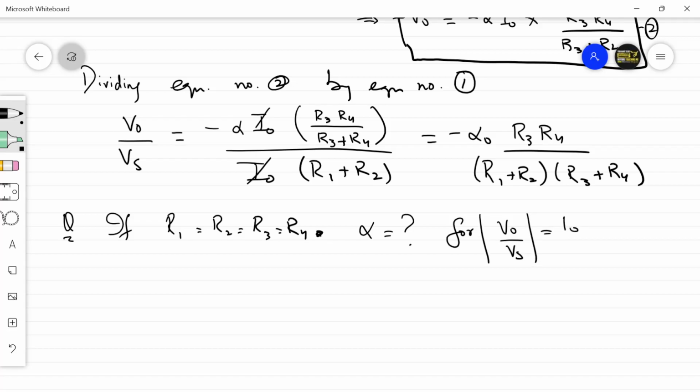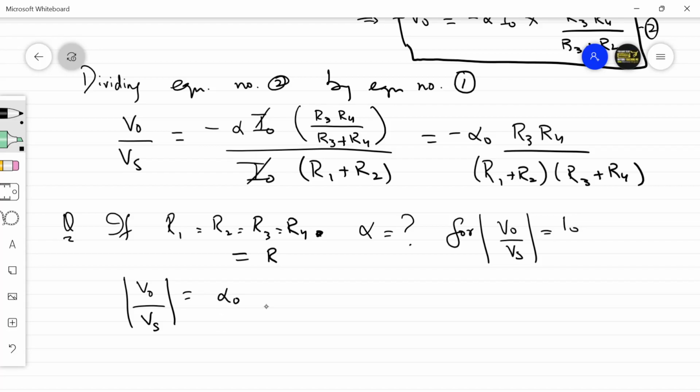Mod of V naught by Vs equal to 10. So the minus sign will cancel out, and R1, R2, R3, R4, they are all equal. So let that be equal to capital R here.